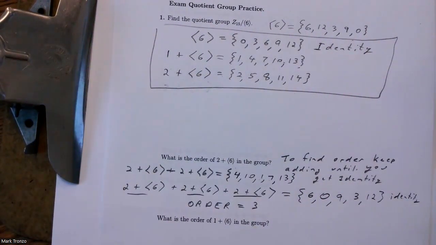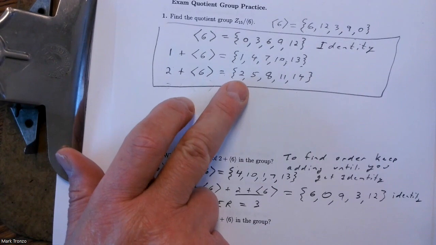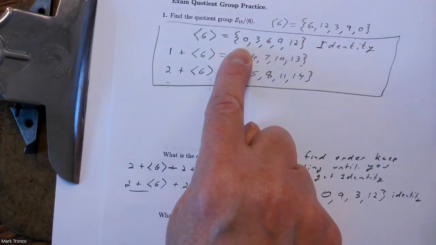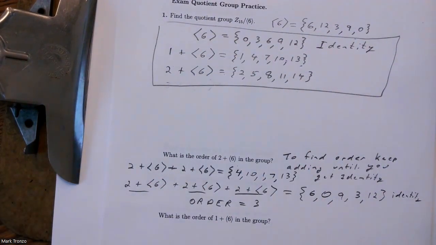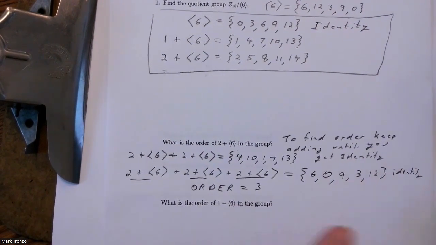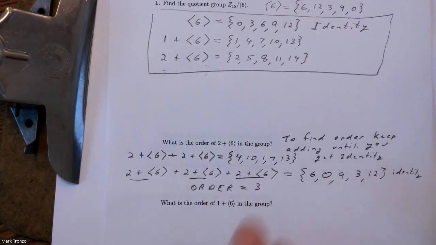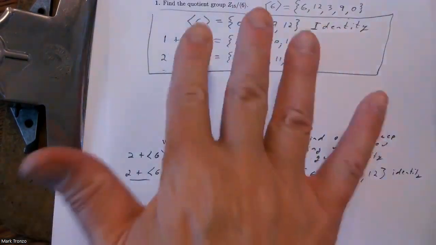But that was the identity. You could take any of those numbers, you could take 5, add it to itself 3 times, you'll get something in the identity.